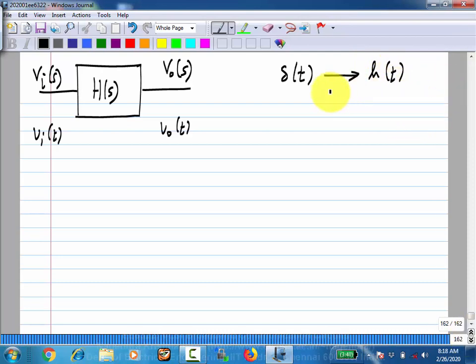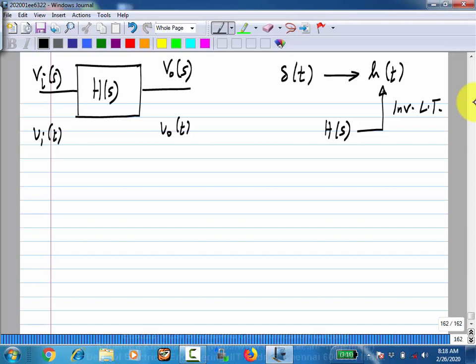This is usually more difficult to calculate directly. So usually you first calculate the transfer function and then find the inverse Laplace transform, right?